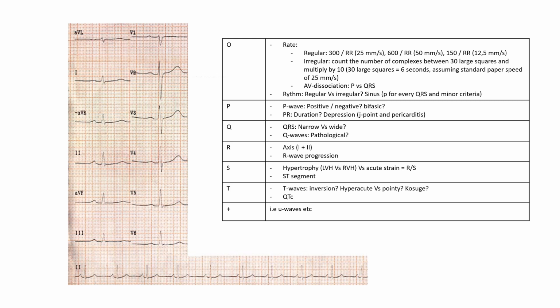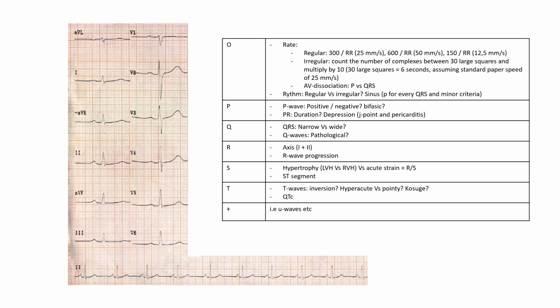You do have something that I didn't mention, which is called pseudo-normalization as well. Let's say that you have this normal variable finding where you have a negative T in lead 3, and then the patient comes to you with chest pain, and now it's normal here. Well, it's normal if we have never seen the ECG before, but we now know that the patient didn't used to look like that.